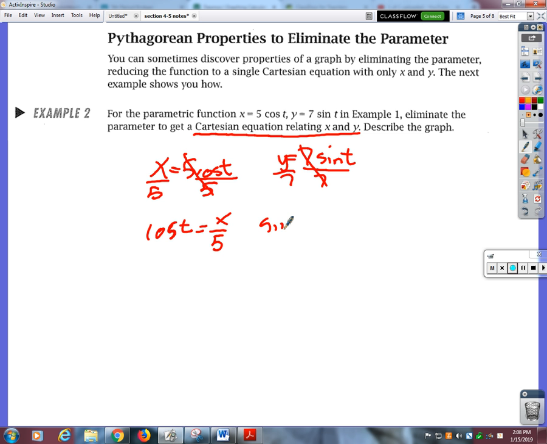So then sine of t equals y divided by 7. In other words, I took each one of those equations and solved it for sine and cosine. All right, then I'm going to square them both.